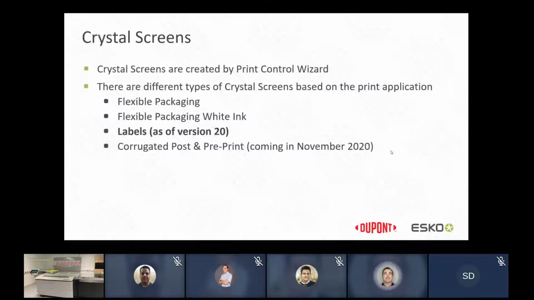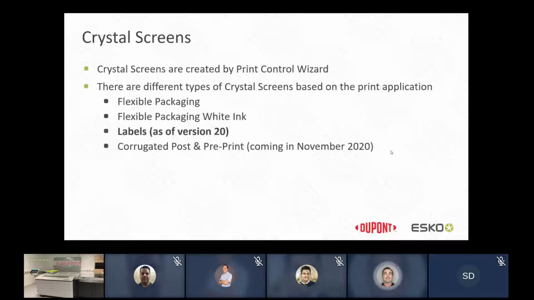Crystal screens are the screening technologies that are generated out of Print Control Wizard. Print Control Wizard has different applications; we actually have different product offerings. So we have screening for flexible packaging. The very first version of Print Control Wizard, which was released with version 18, really focused on flexible packaging.